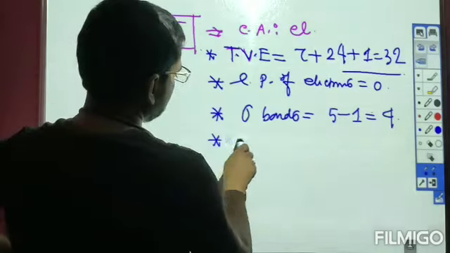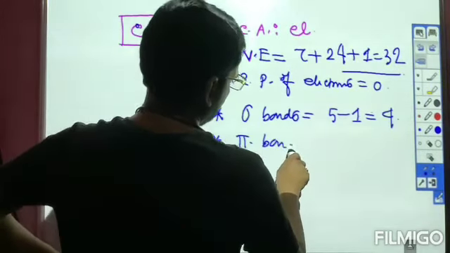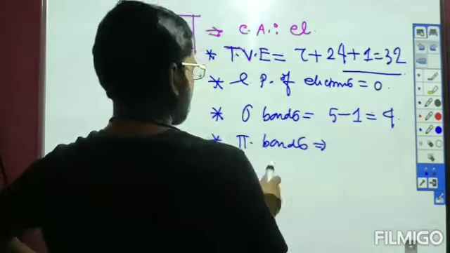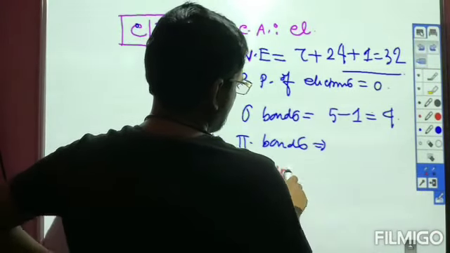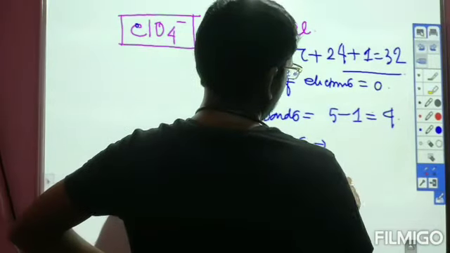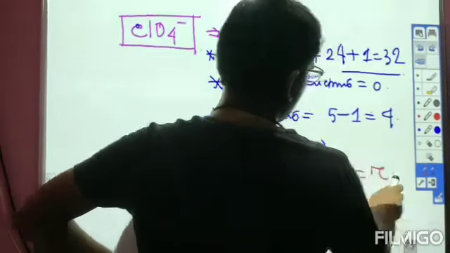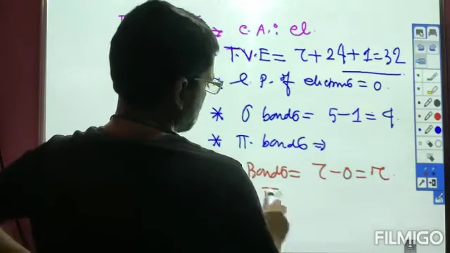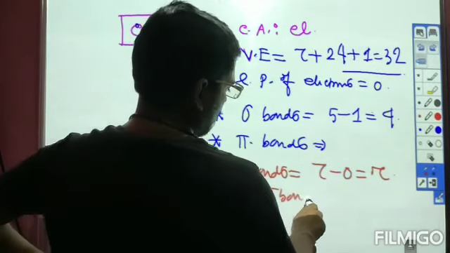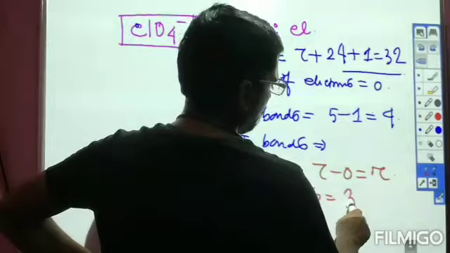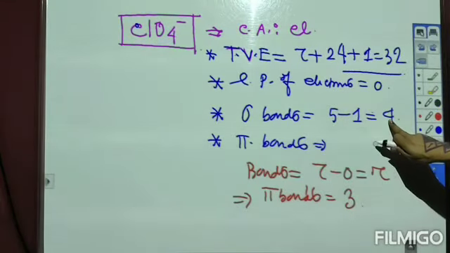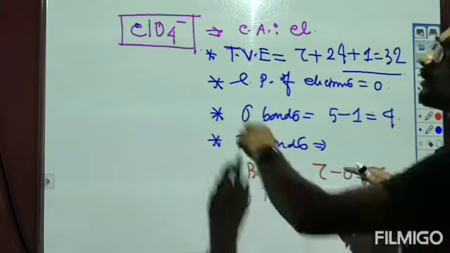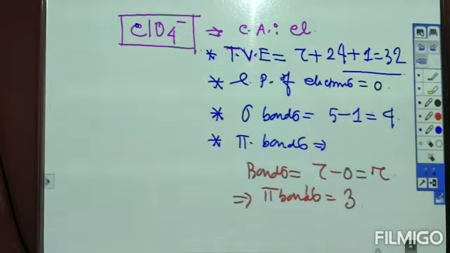Number of pi bonds, see, same formula. Bonds equal to valence electron 7 minus lone pair 0 is equal to 7. So sigma plus pi equal to 7. Pi bonds equal to 3. So 3 pi bonds, 4 sigma bonds. At oxygen for formal charge. And done.